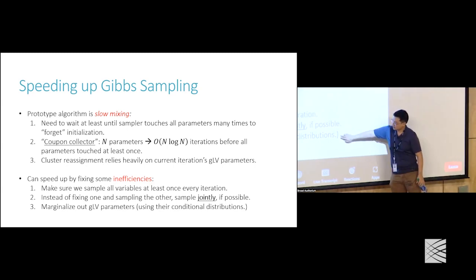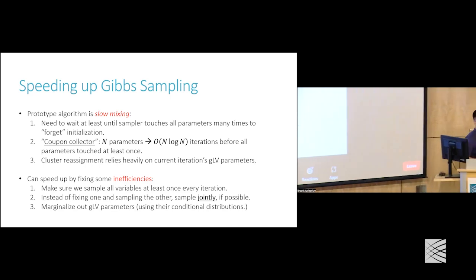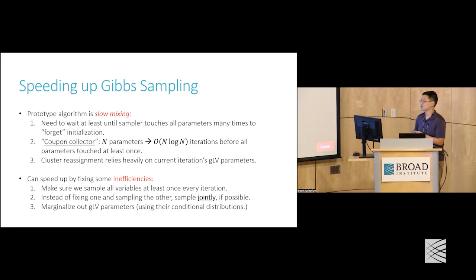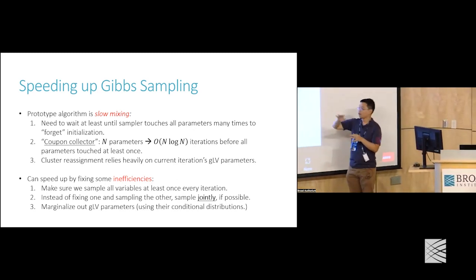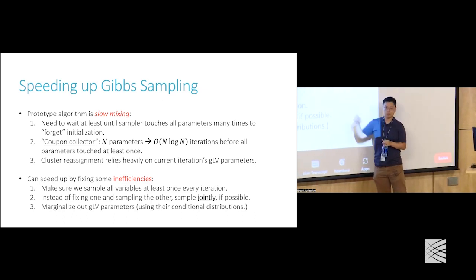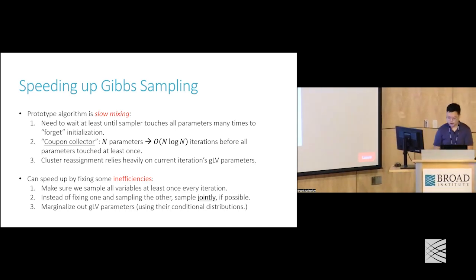The third one is the most important for us, which is that you want to marginalize out parameters using their conditional distributions whenever possible. So you're not stuck in a local regime where your reassignments are considering all the current GLV parameters, which actually might be very sensitive. And I'll explain what I mean by that.